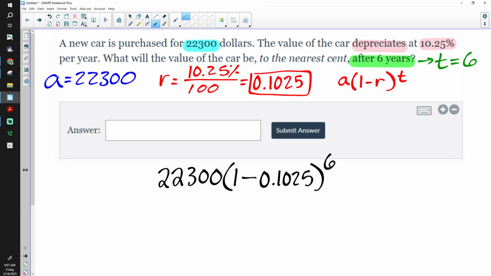Take a second and plug it into your calculator to see what you get. $22,300 times 1 minus 0.1025, all to the power, make sure you use the caret, of 6. Rounding to the nearest cent, the nearest penny, is $11,654.98. You would hit submit on Delta Math and check your work.